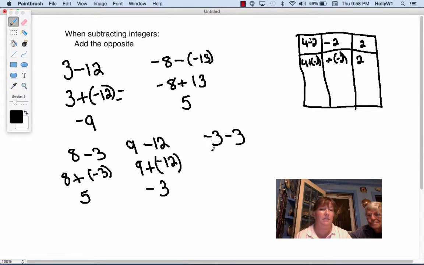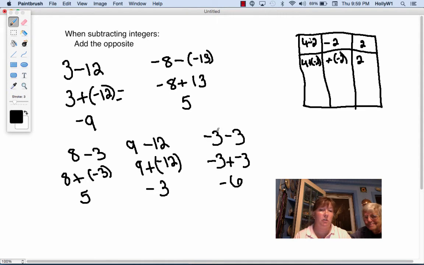All right, this is the tricky one. This is the one I meant to see whether or not I could fool you guys. Negative 3 still becomes negative 3. That doesn't change. We're changing the operation from subtraction to addition, and we're adding the opposite. That's a 3, so it becomes a negative 3. And negative 3 plus another negative 3 is negative 6.